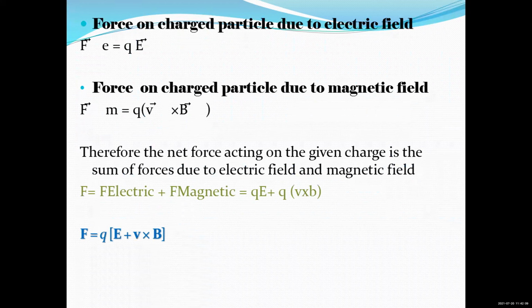The force on the charged particle due to the electric field is F equals QE, and the force due to the magnetic field is F equals Q into V cross B. Therefore, the net force acting on a given charge is the sum of forces due to electric field and magnetic field. Therefore, F equals QE plus Q into V cross B. By taking Q as common, F equals Q into E plus V cross B.